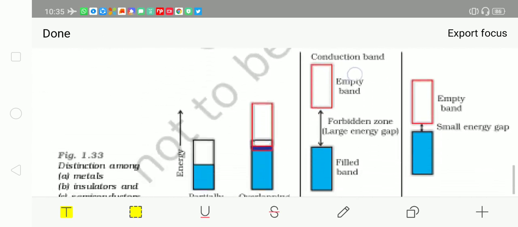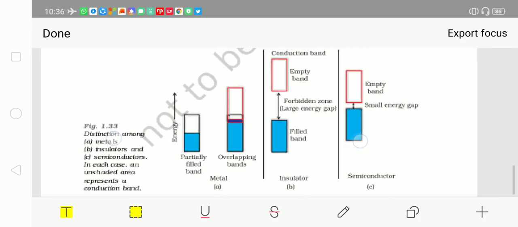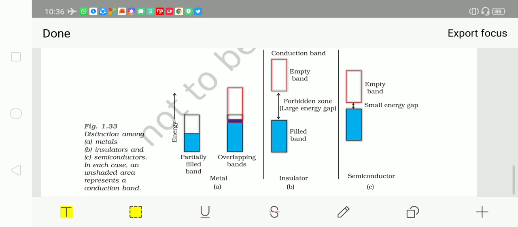I am going to describe it with the help of this diagram. The details of the band structure will be in your physics lecture, but here there are certain easy things which we are going to consider. In any element, there are two bands, the valence band and the conduction band.